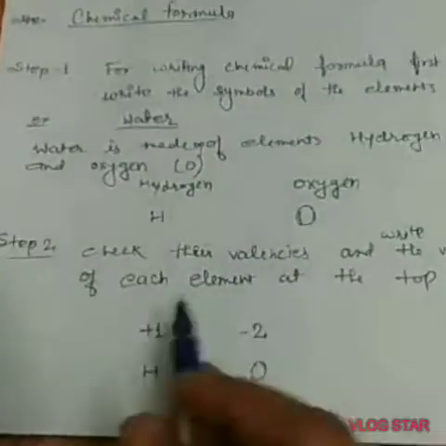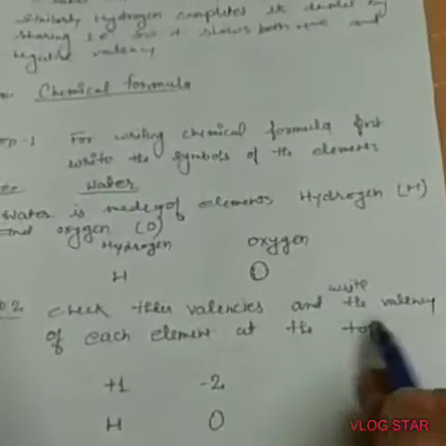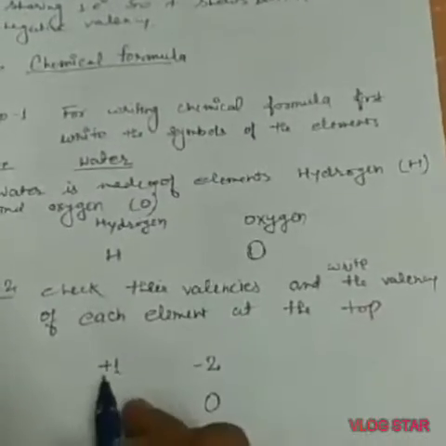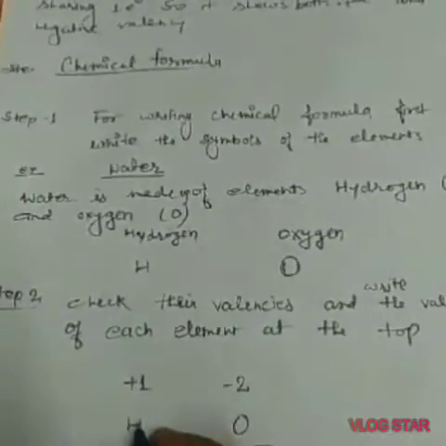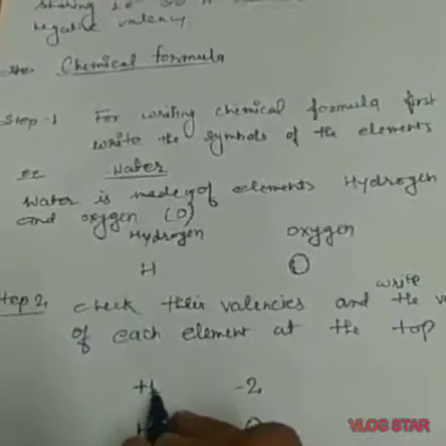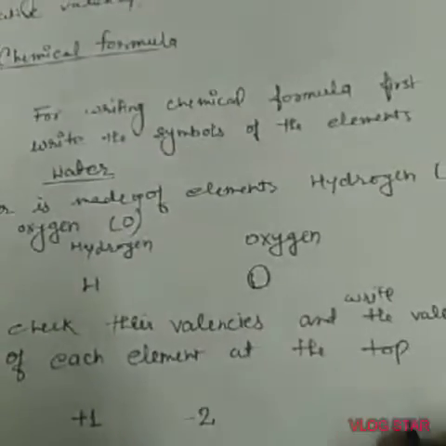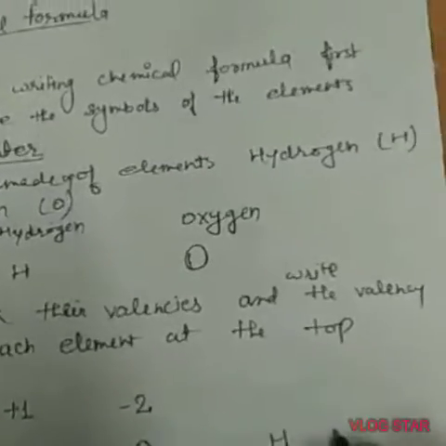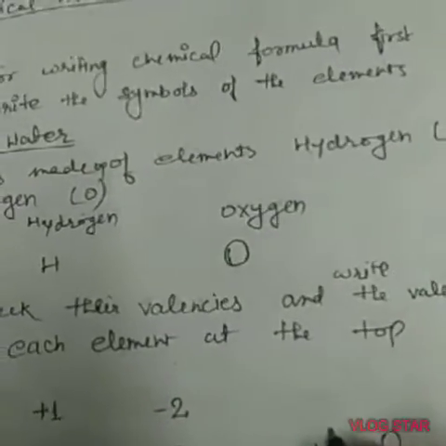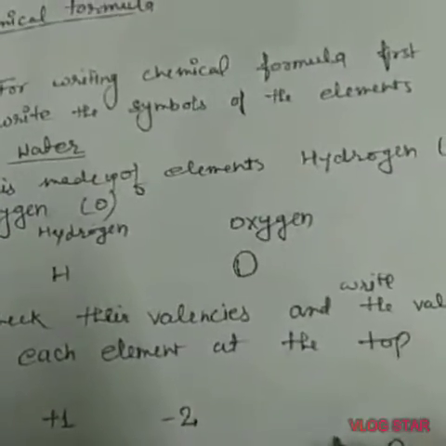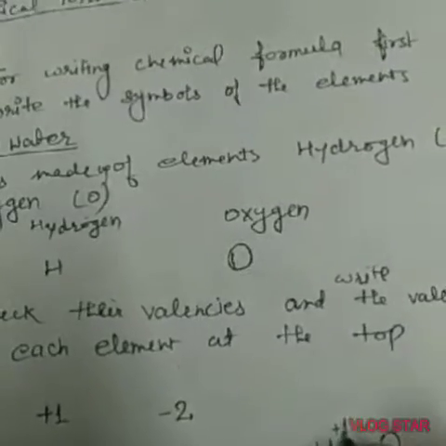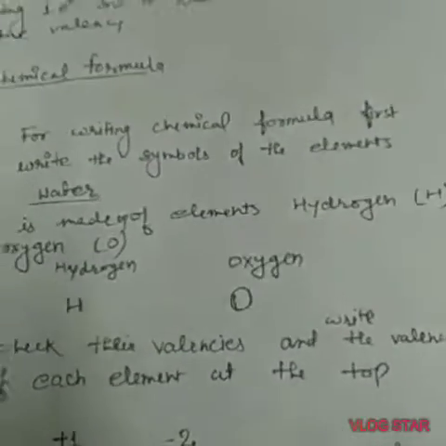So according to step 2, you have to write like this. Valency of hydrogen is +1 and the valency of oxygen is -2, or you can write it as a superscript, +1 and -2.